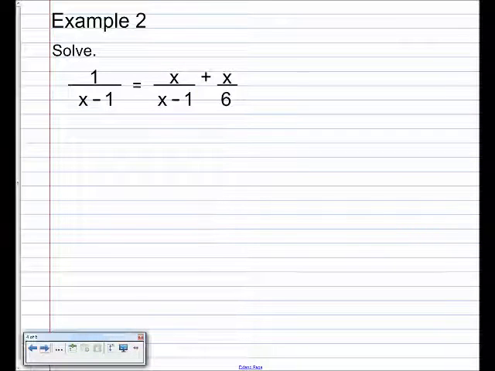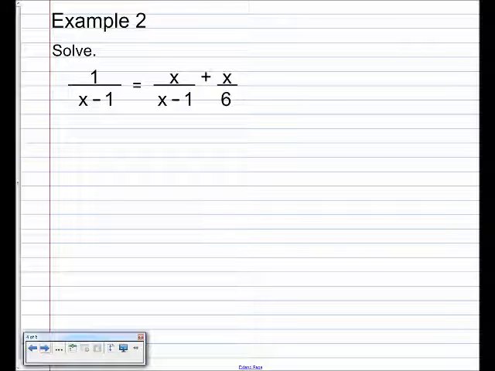Let's take a look at this one. Okay, so in my denominators, what do I have? x minus 1 and 6. Do they have anything in common? No. So what's the lowest common denominator? 6 times x minus 1.